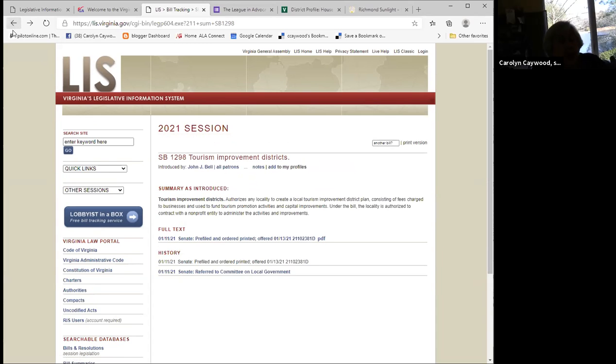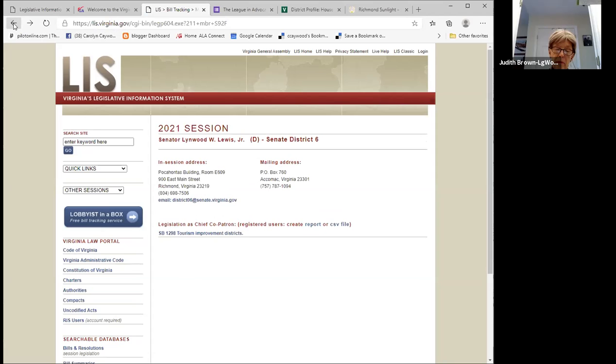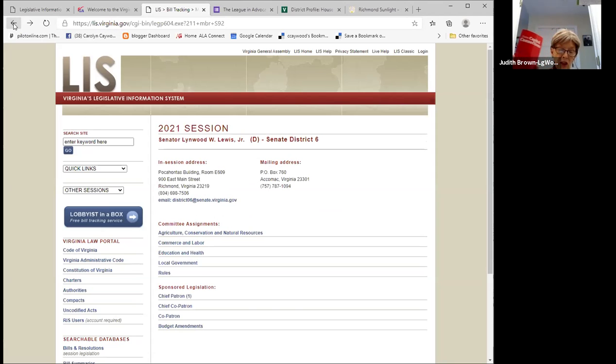So, anytime you see a legislator's name that's clickable, you can get information on them, because you probably don't know all 140 of them. I'm still using last year's Red Book because it's almost the same. So if anybody's lucky enough to have this, it's still good, except for a very few.